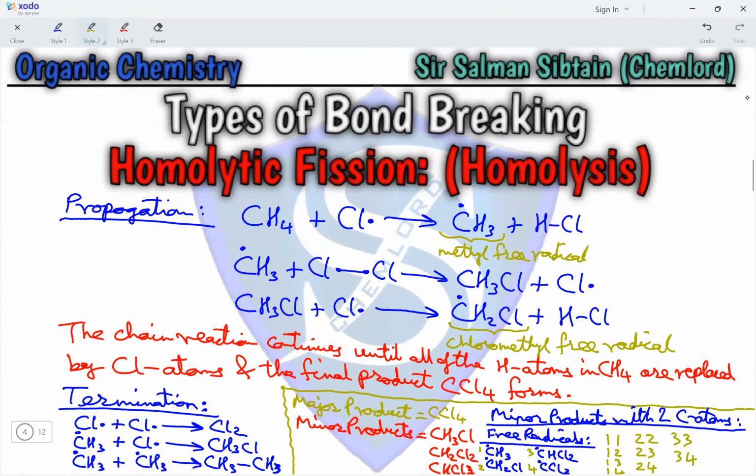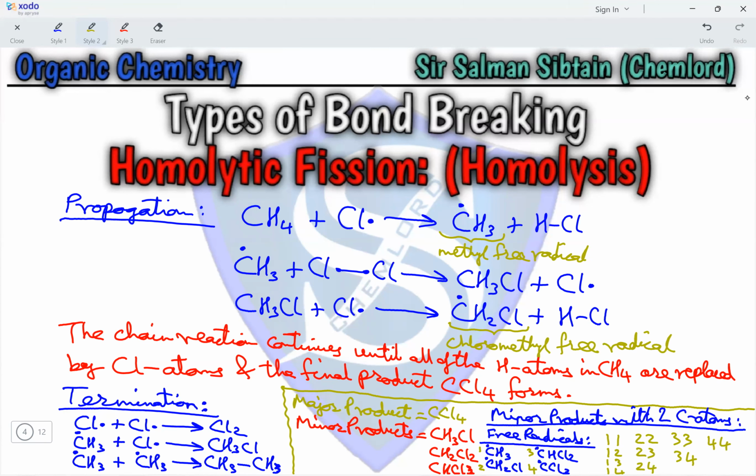And finally, we can also have a molecule of 4 and 4, which means both carbon atoms containing 3 chlorine atoms. So in total, C2Cl6 will form when the radical labeled 4 combines with another radical labeled 4. So in total, if we count 1, 2, 3, 4, 5, 6, 7, 8, 9, 10, 10 minor products containing 2 carbon atoms are also possible during this reaction.